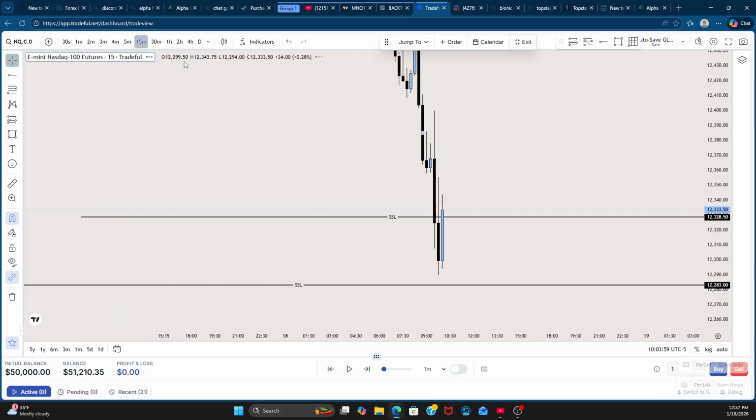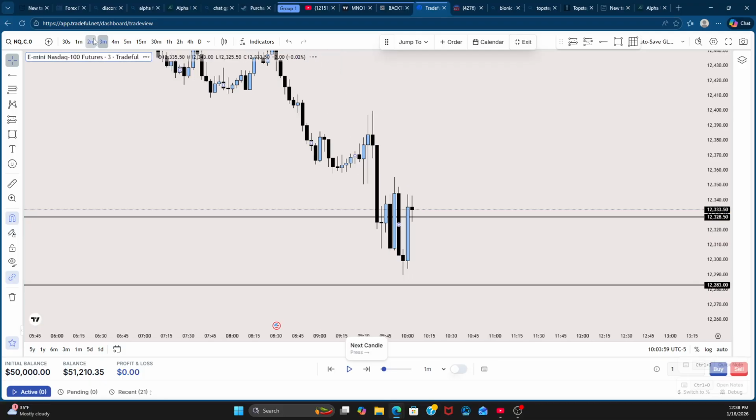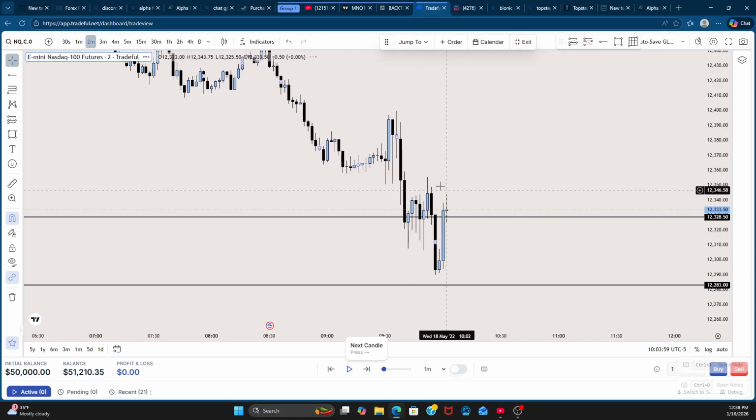I think we're getting a pullback. We have a 15 minute resting up here. Kind of choppy accumulation. Accumulation, manipulation. Holy inversion. Want to just target up to here?